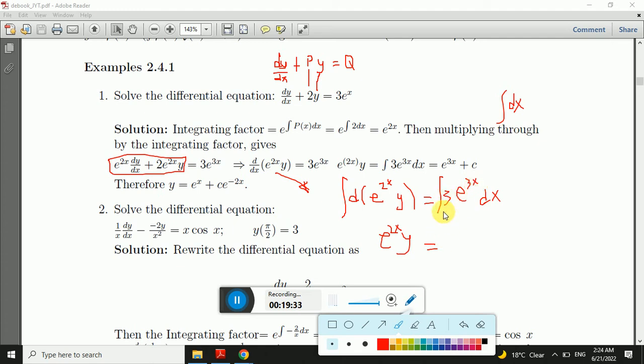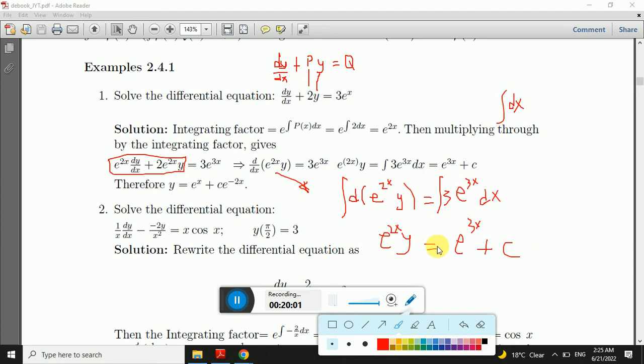So in this case you have 3 over 3 e to power 3x, which will give us e to power 3x. I don't want to go into the details of integration and differentiation, because I'm sure these are basic concepts which you should know by now. Since we are integrating, we just add a constant.